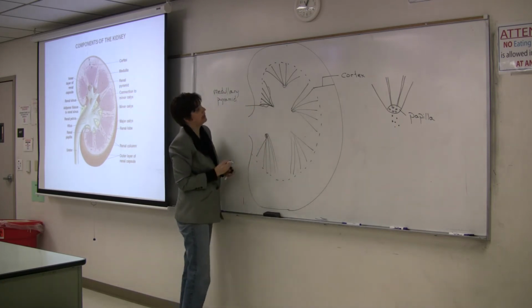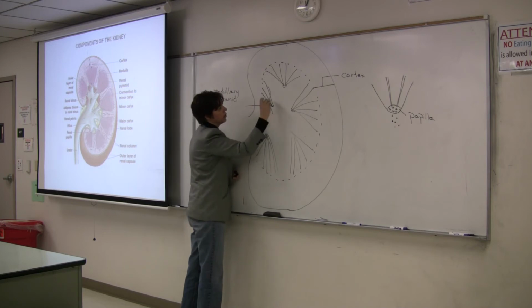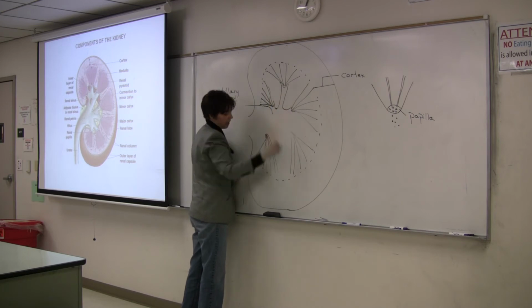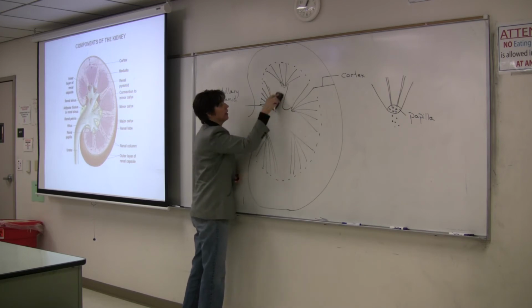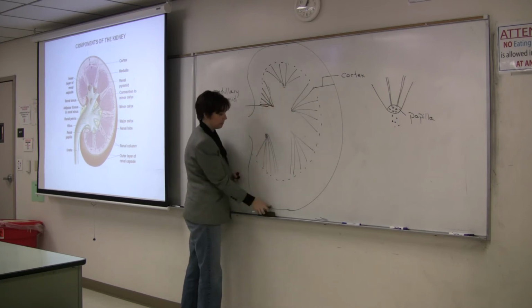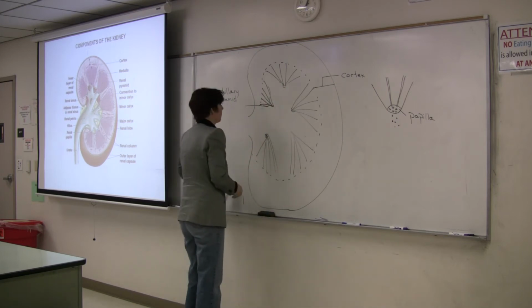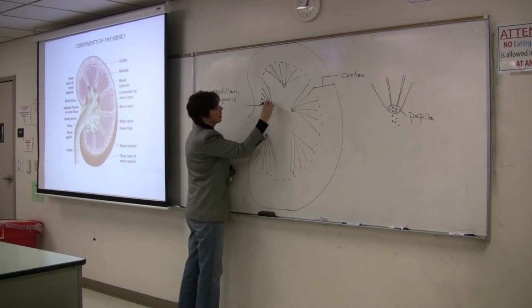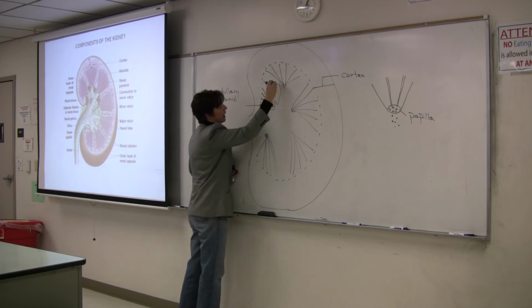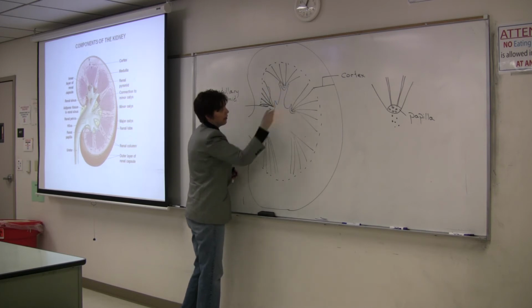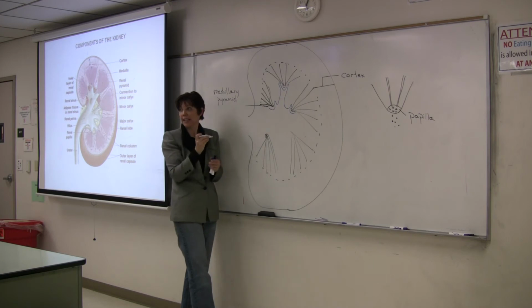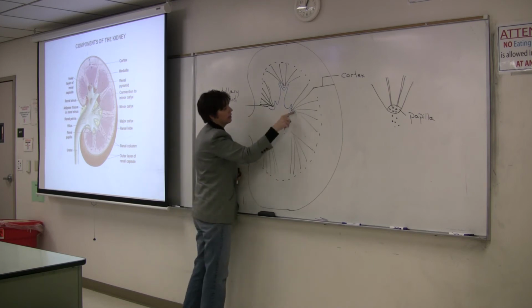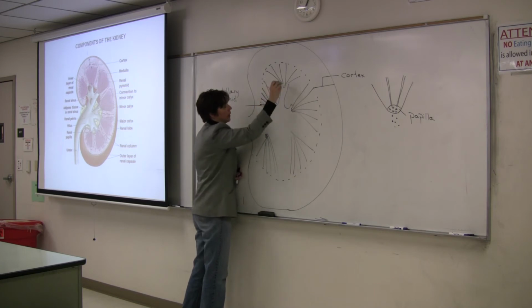So each papilla then drains into a channel. Let me draw that in a different color so we can visualize it a little better. And if you're familiar with urinary epithelium, transitional epithelium, that's what we find lining these.